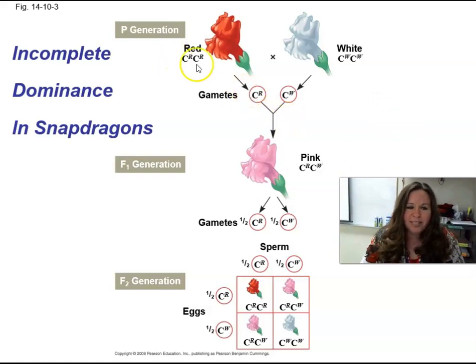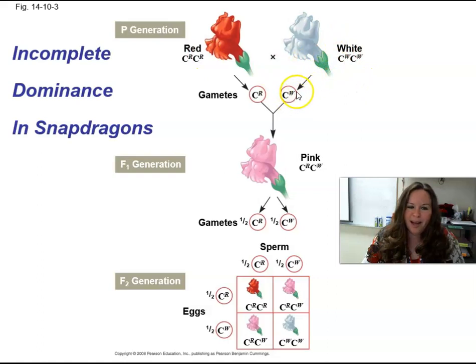So the big C that you see here is for the trait of color. And then they use what are called superscripts for the actual allele. So just like I was doing before, big R, but used as superscripts this time means red, and big W here means white. So they're superscripts.